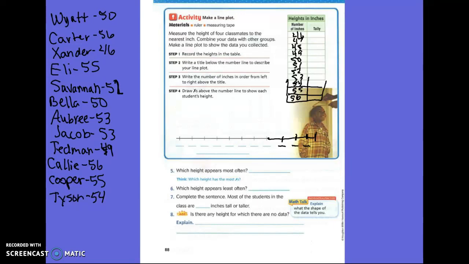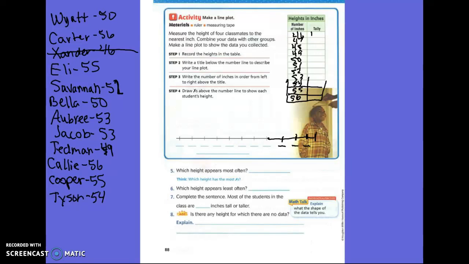Now, let's record the heights in the table. These are going to be tallies for each person. We're going to make a tally mark on there. So, how many people were 56, everybody? 1. Now, I'm going to cross it out to make sure we did that. Now, let's look to see how many are 47. Are any 47? No. So we're putting nothing in 47. How about 48?